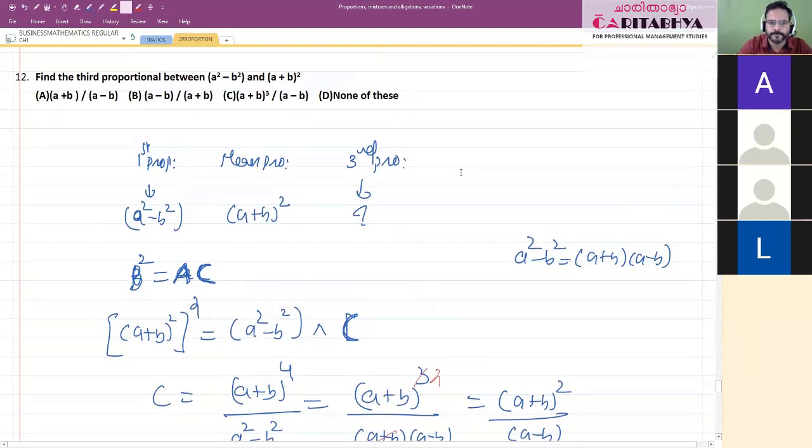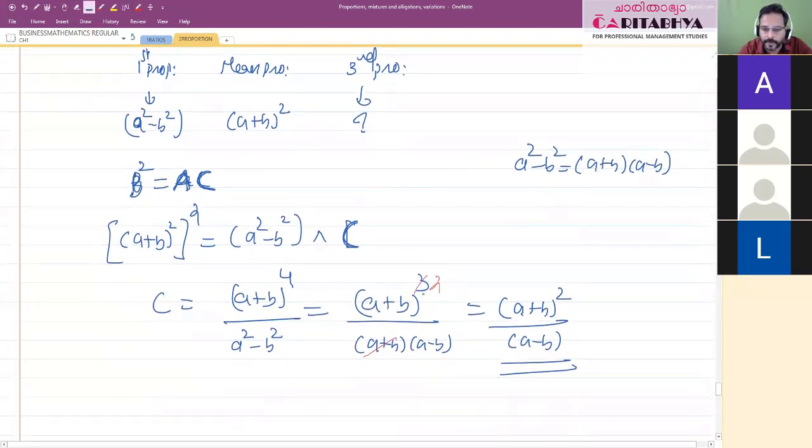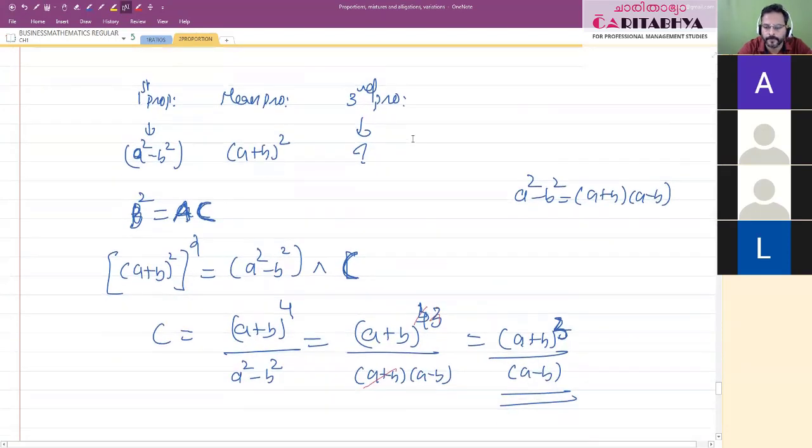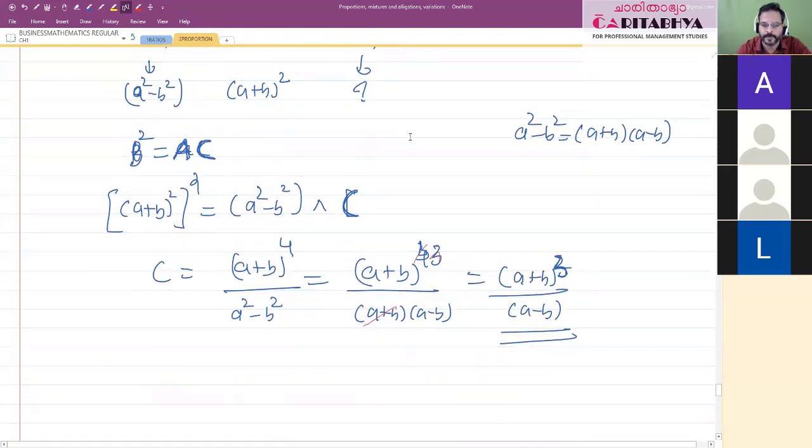a plus b the whole raised to 4 അല്ലേ? Oh sorry, all raised to 4 ആണ്. 4 എന്ന് വരുമ്പോഴത്തേക്ക് എത്ര വരും? 3 വരും. ഇവിടെ തെറ്റുപറ്റിയതാണ്. 4 ആയിരുന്നു. സോ കട്ട് ചെയ്യുമ്പോഴത്തേക്ക് മിച്ചം എത്ര വരും? 3 വരും. a plus b the whole raised to 4 കട്ട് ചെയ്ത് 3 ആണ് വരുന്നത്.